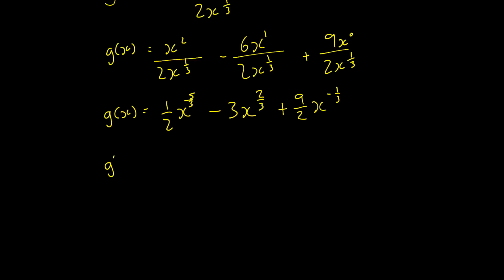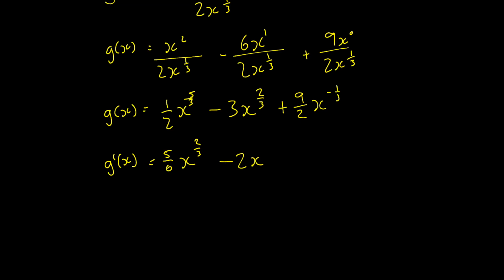Right, so the derivative of g, so g dash x, we're going to say 5 over 3 times 1 over 2, that's 5 over 6, x, and then 5 over 3 minus 1, which is 2 over 3. Okay, minus 2/3 times 3 is 2.